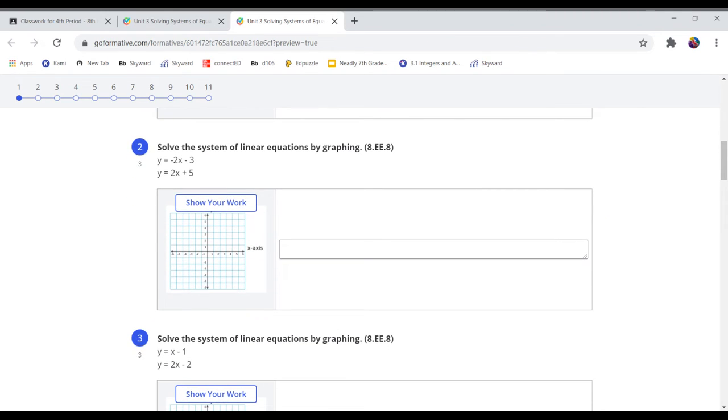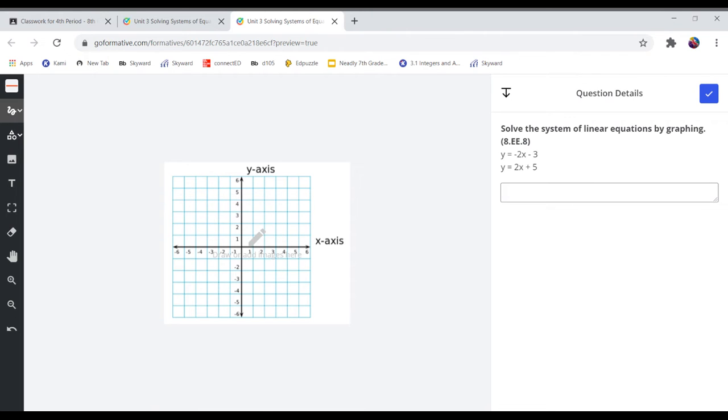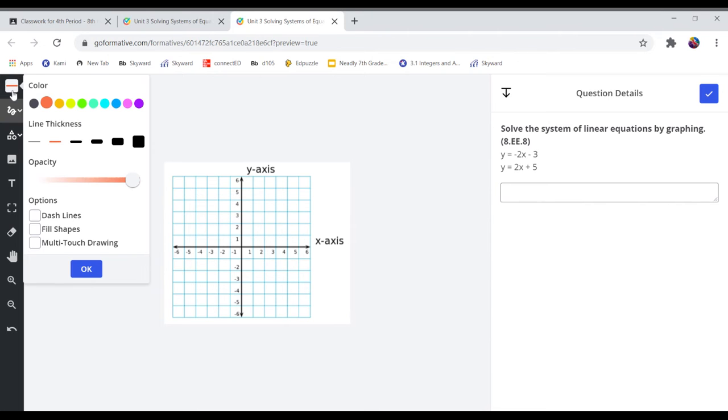Problem number 2. Solve the system of linear equations by graphing. And this time we have y equals negative 2x minus 3, and we'll go with y equals 2x plus 5.